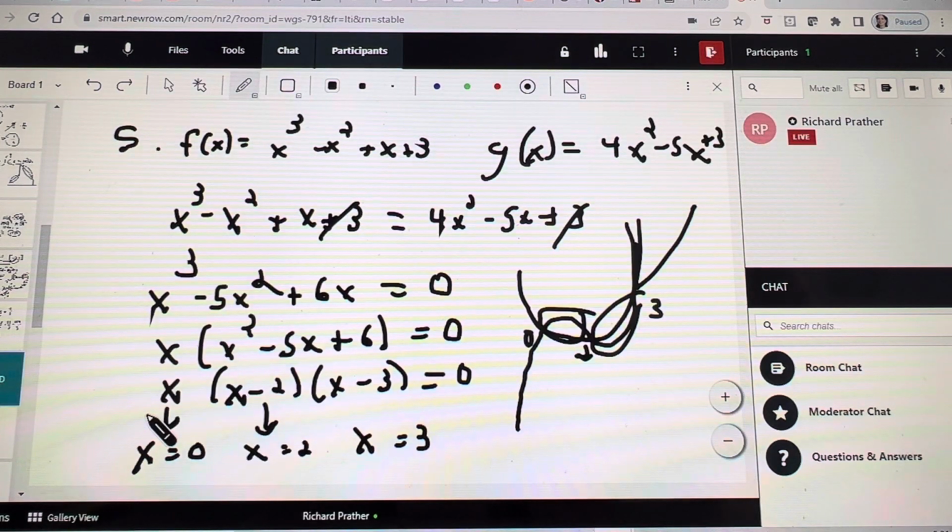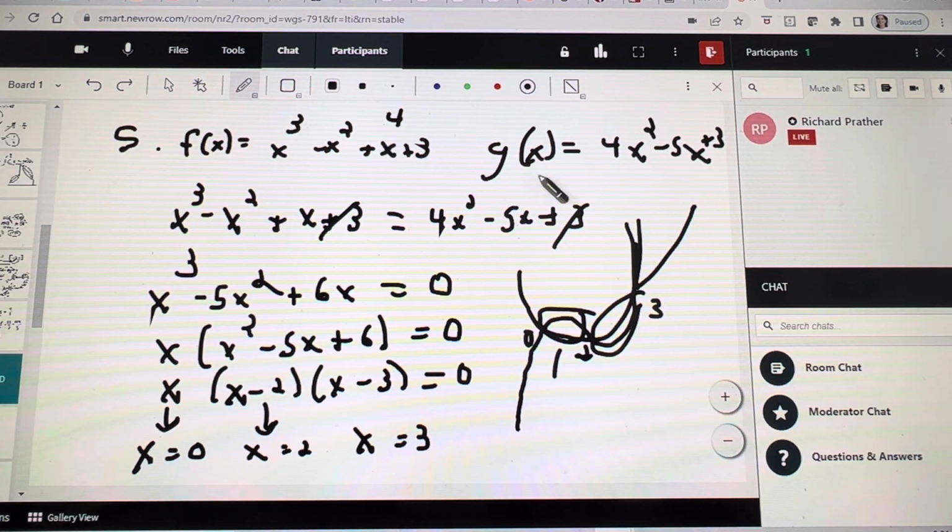And in one of them, it'll be f of x minus g of x, and the other one, it'll be g of x minus f of x. If x equals 0, that's when they're both 3. So then a little bit past that, what if x equaled 1? If x equals 1, which one's above the other one? 1 minus 1 is 0, plus 1 plus 3, it's 4 for f of 1 here.